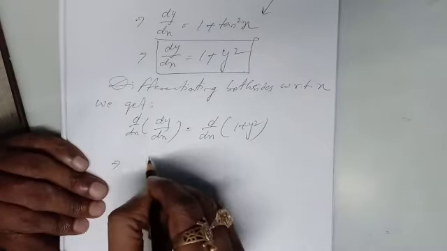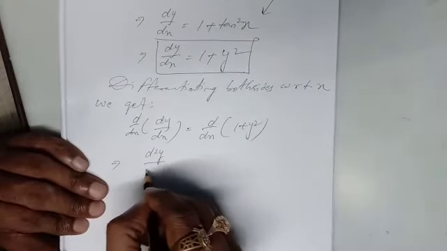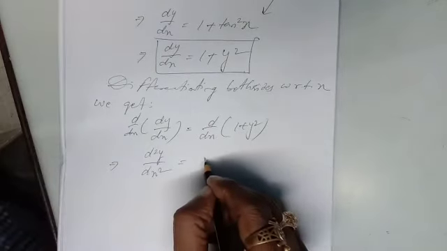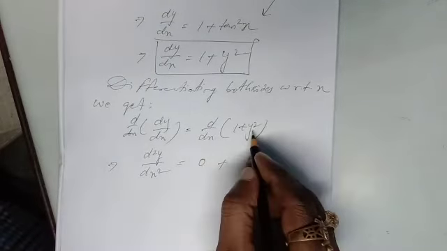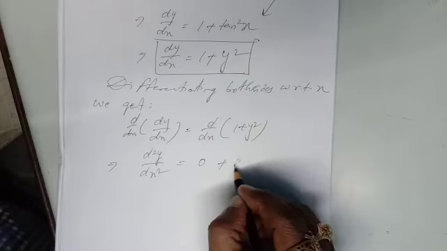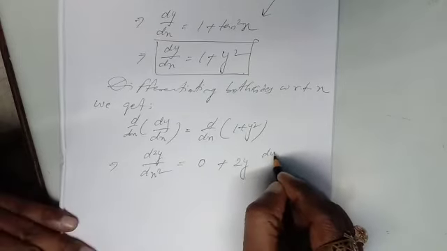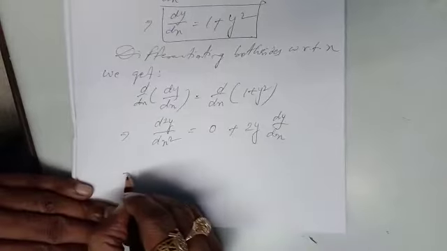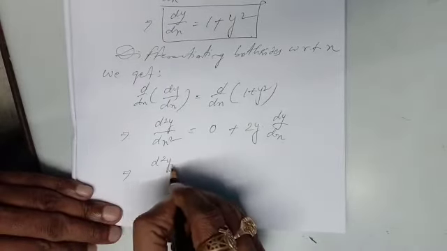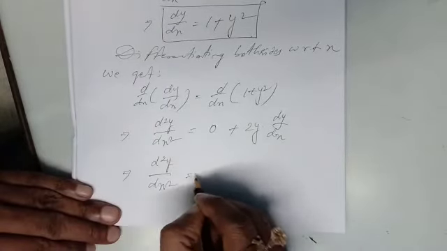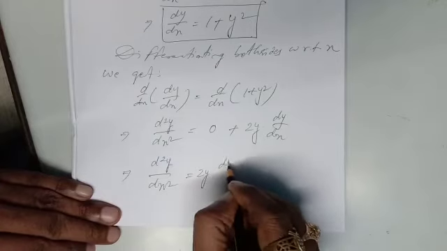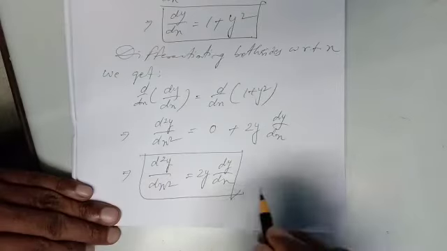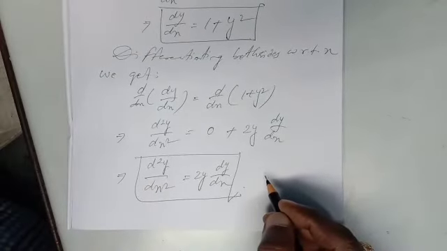This is nothing but d square y by dx square, and this will be the derivative of 1 is 0 plus the derivative of y square, that is 2y into dy by dx. So finally you are getting here d square y by dx square is equal to 2y dy by dx. This is the way of proving higher order derivative sums.